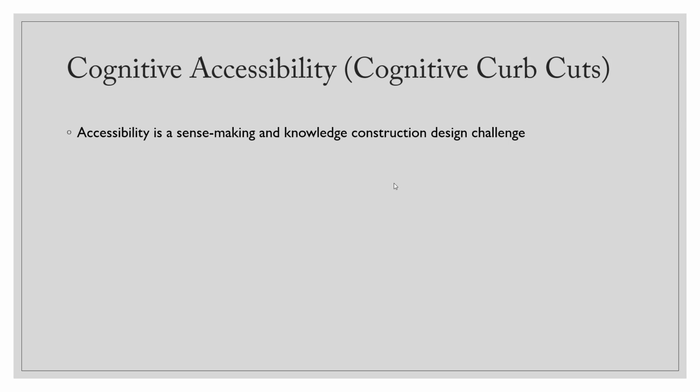In other words, it's not just about the physical access or making sure that there's an alt tag or some sort of compliance issue, but my job, especially as an instructional designer, is to help the learner make sense of the information and construct their knowledge. So if I think about accessibility in these terms as opposed to compliance, well, now I've got a learning problem.